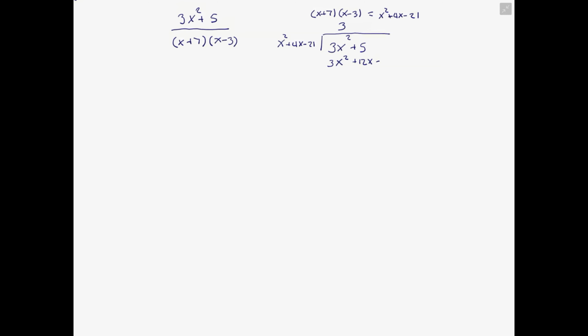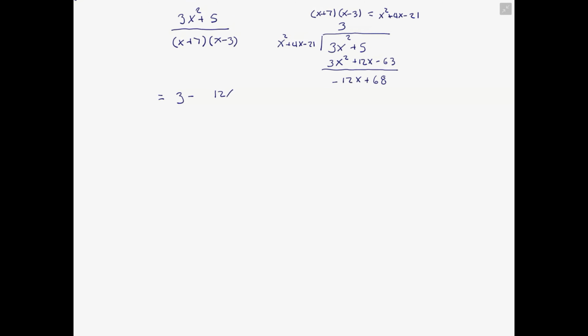We got 3x squared plus 12x minus 63. When we subtract that, we have minus 12x, minus 63, so we got plus 68.